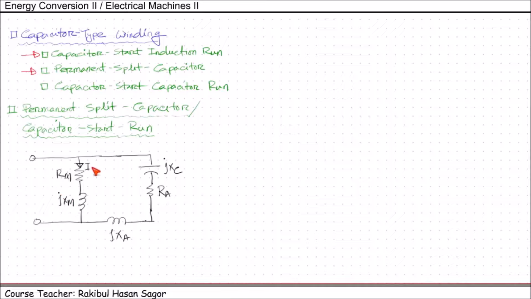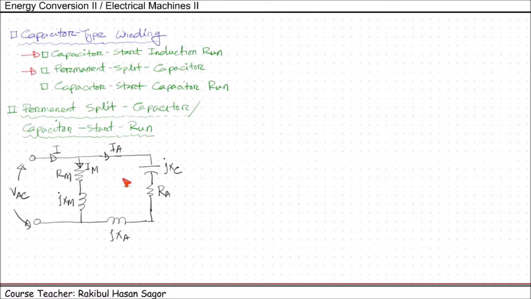This is the current through the main winding, this is the current through the auxiliary winding, this is the total current. We have the supply voltage here, that is VAC. Here we can see, unlike the other cases, we do not have a centrifugal switch.